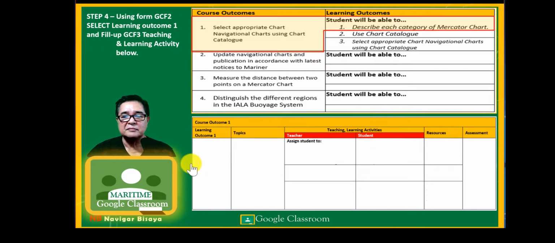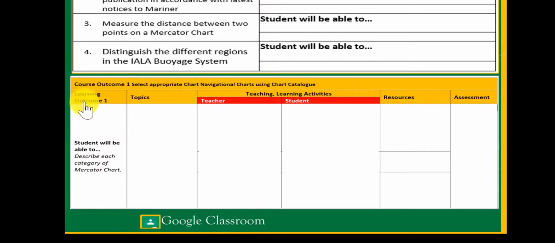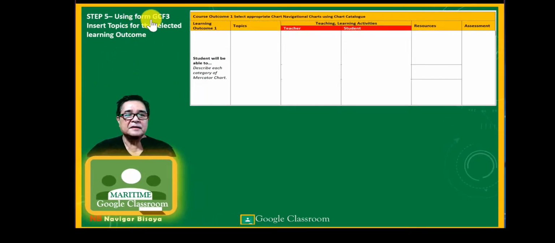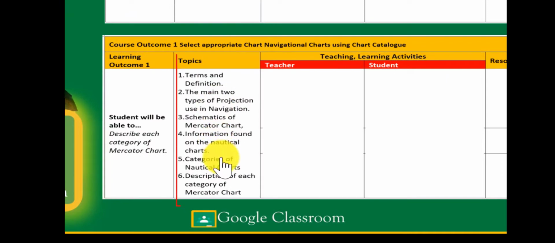Course outcome, learning outcome. It would be this, the same form. The next step, step 4, using the same form with now the course outcome and learning outcome, identify your topic and insert it on the topic column here.